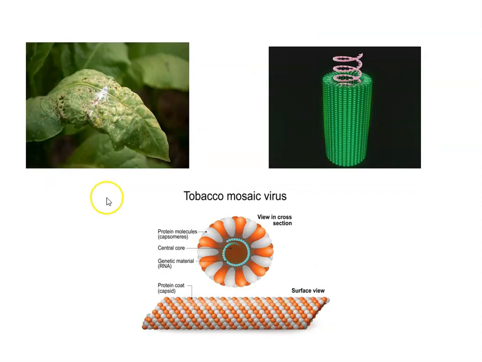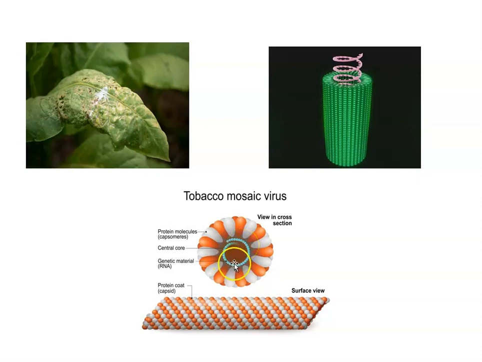You can see in this diagram, when tobacco mosaic virus attacks or infects a plant, symptoms appear like this. Symptoms on the leaves appear like this. And the tobacco mosaic virus looks like this. So here, the central core is there, surrounded by the genetic material, that is RNA.